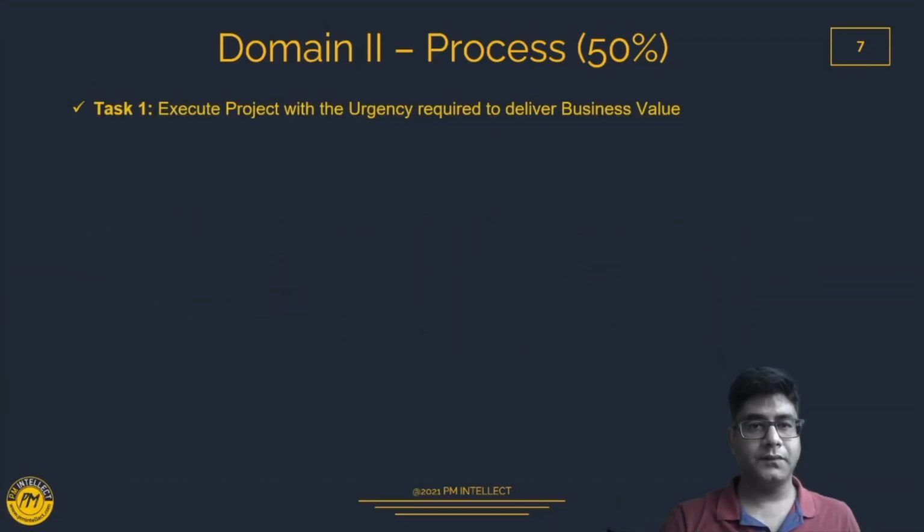The first task under the process domain is execute project with the urgency required to deliver business value. Business value is something very important for the stakeholders, because any project that has been taken on is meant to deliver value, especially business value. There are multiple steps to ensure the business value. The first is to assess the opportunities to deliver business value throughout the project.